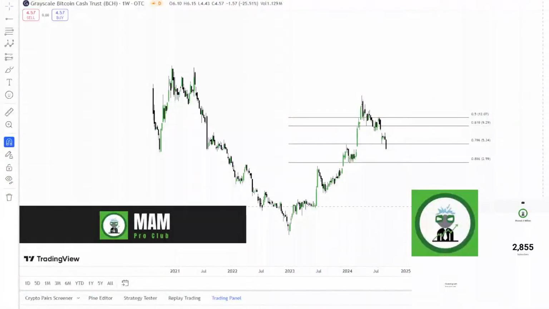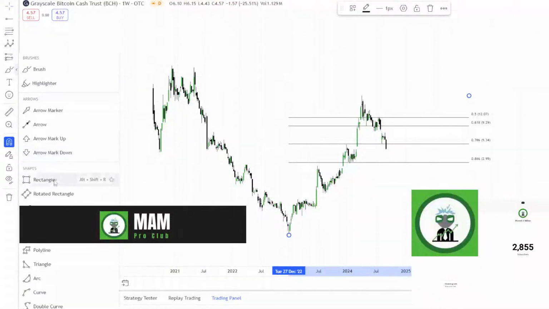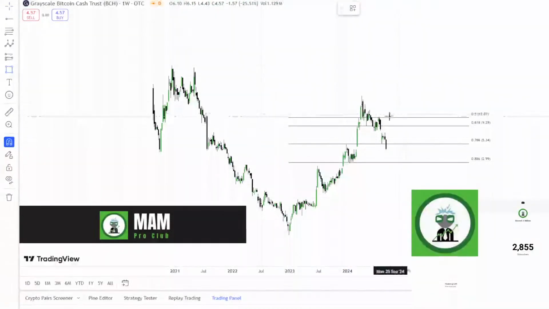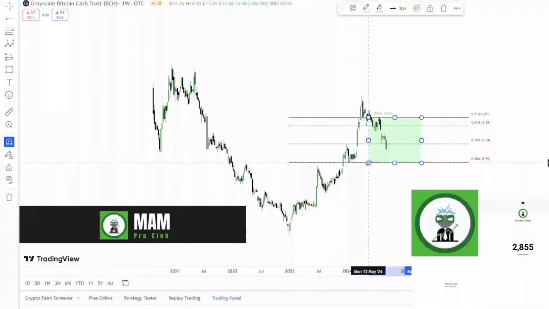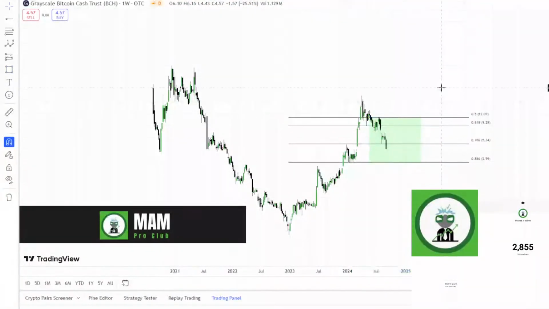First thoughts are that it's come back into this 786 golden pocket zone. I'm not one for owning anything other than the underlying asset, I will say that. I'm not a massive fan of this.